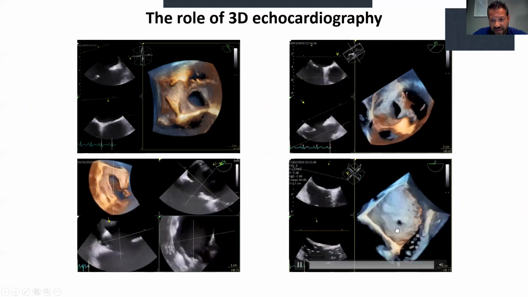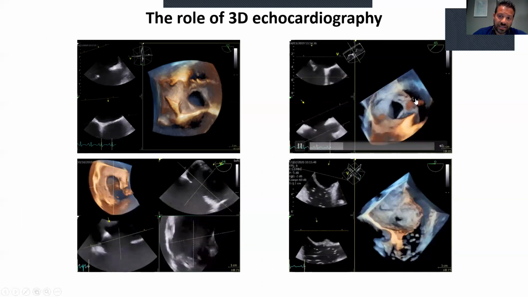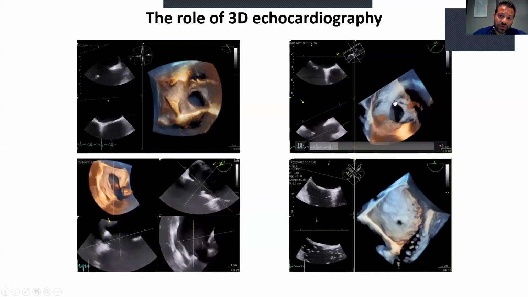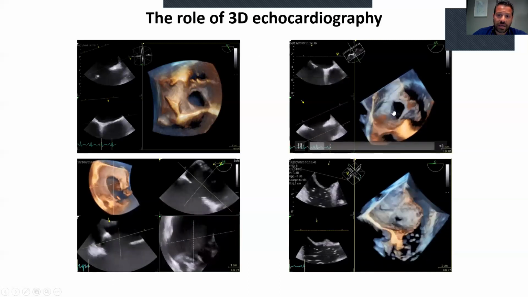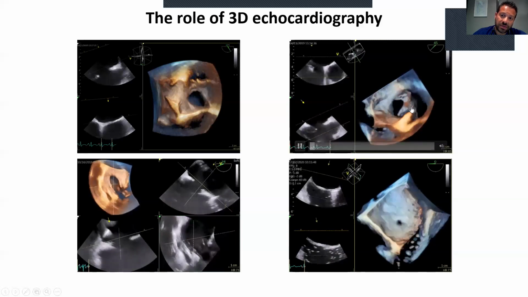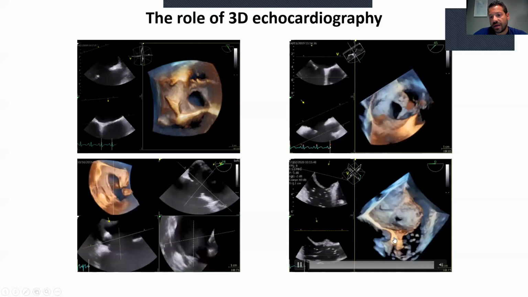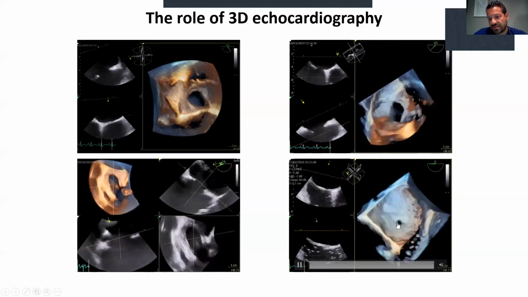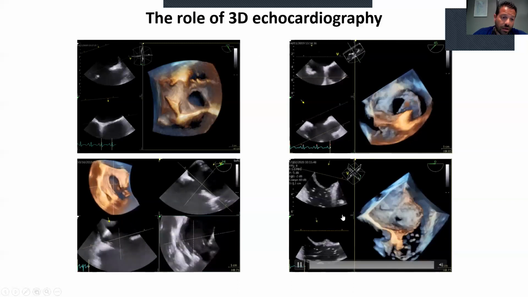Here you can see a very, very small defect, and here you can see a defect with aneurysmal septum. Two rims were not present, so this case would go surgically. This case with a very small defect, we didn't do anything.